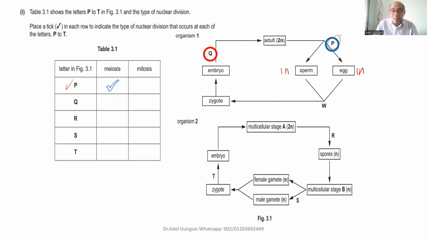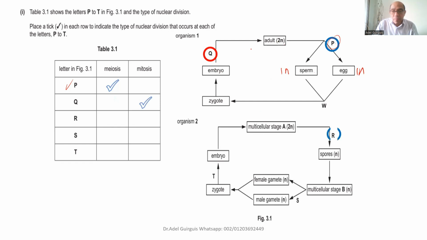Q is here in the same organism 1. Q: embryo develops into adult. By which process? Like human, for example, by mitosis, millions of rounds of mitosis. Okay? Mitosis.